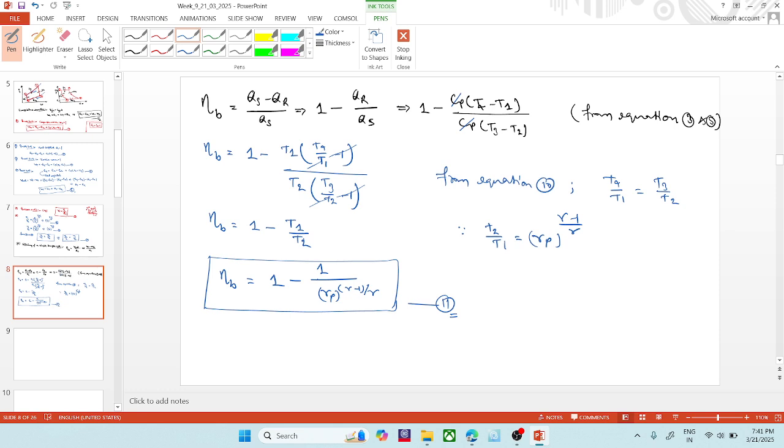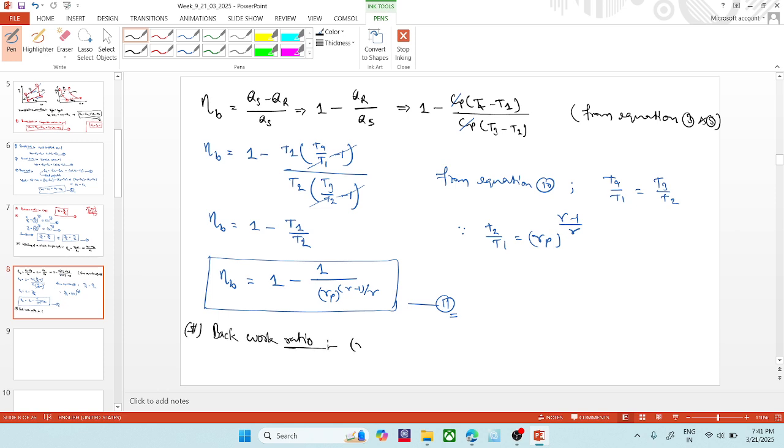Next, another important parameter, which is the back work ratio.